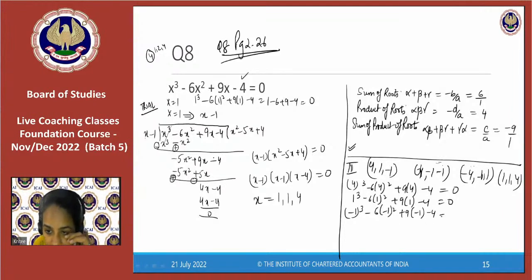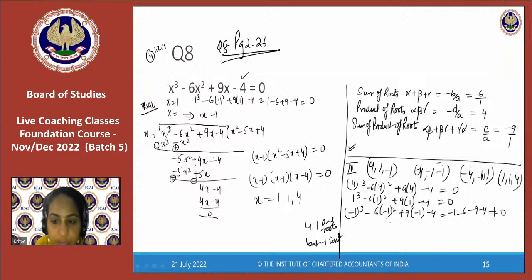Solve this. Minus 1, this is a plus 1 now. Plus 1 minus 6 minus 9 minus 4. This is not equal to 0. So it shows that 4 and 1 are roots, but minus 1 is not.